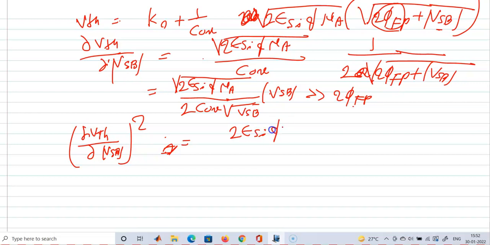epsilon silicon q Na over 4 COX squared times VSB magnitude.